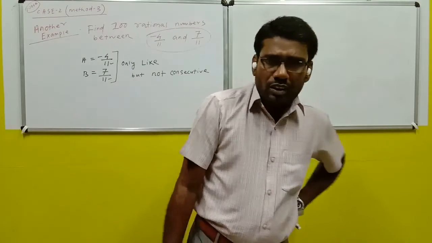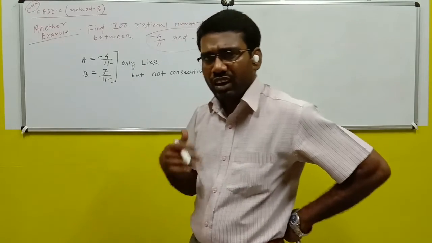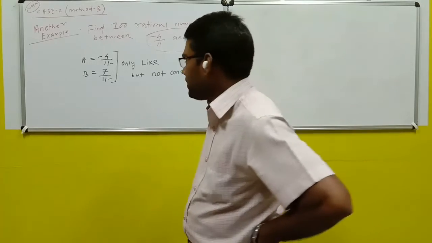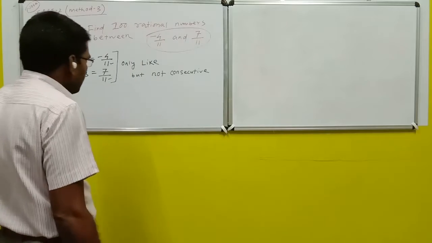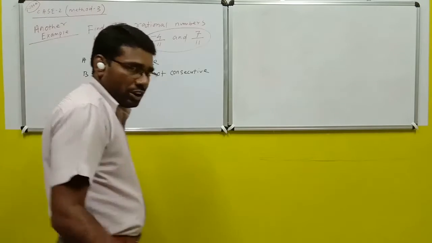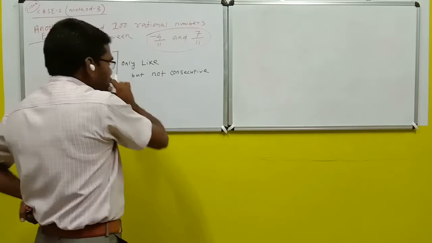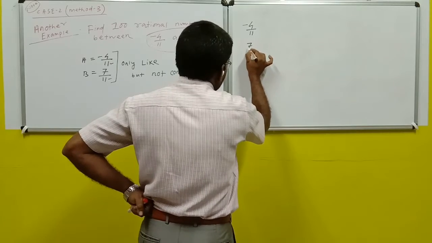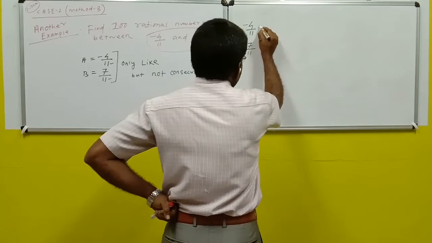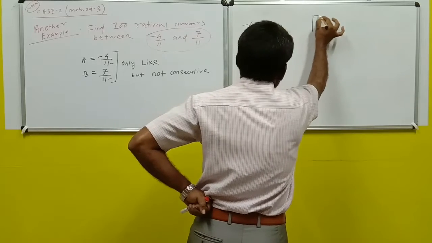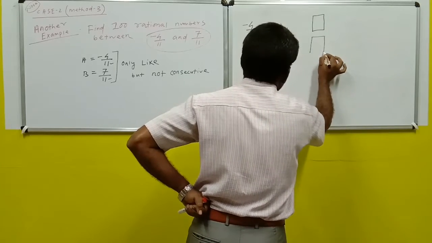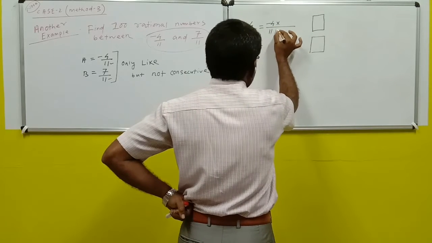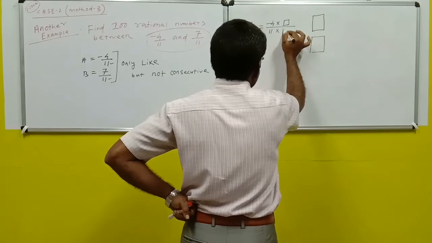So, in this case, you have to follow the same process. First, your duty is to change minus 4 by 11 and also 7 by 11 into their equivalent rational numbers by multiplying the numerator minus 4 and the denominator 11 by a suitable number.